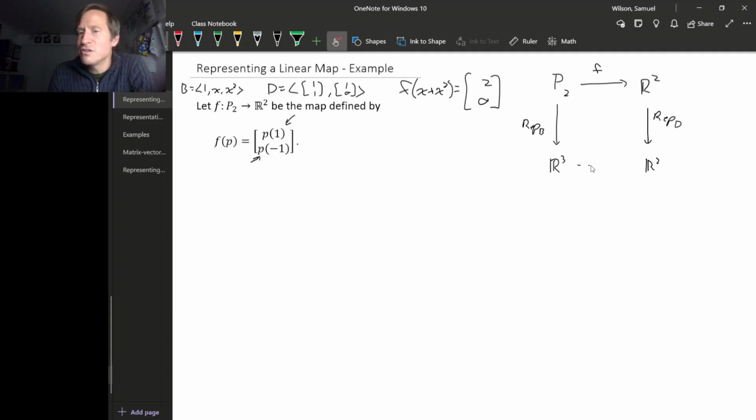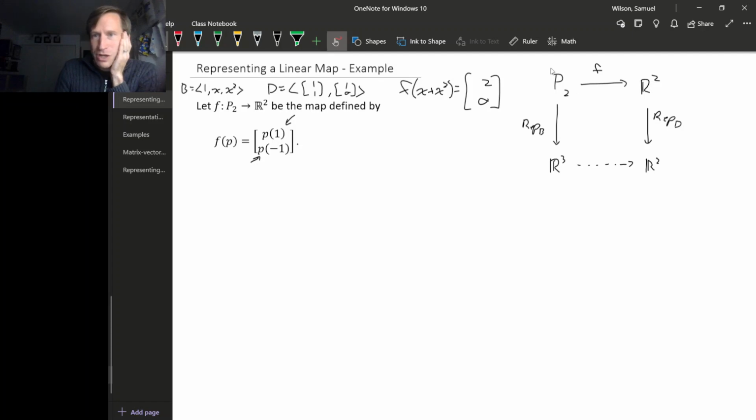And what we're going to do is fill in the gap here by figuring out some matrix. And when we do this, we're going to have to A, figure out the matrix, and B, figure out how it is that a matrix produces a linear map from R3 to R2. So we'll do both things at once.